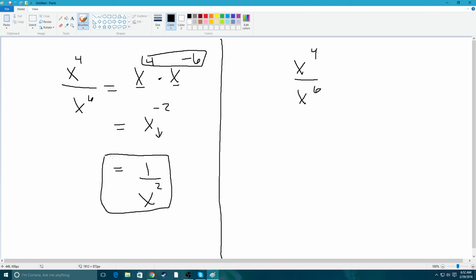You could go a little bit quicker and say, all right, what's the difference between 6 and 4? 2. Since this has 6 and this has 4, and 6 is bigger, x to the 2 is going to be on the bottom.